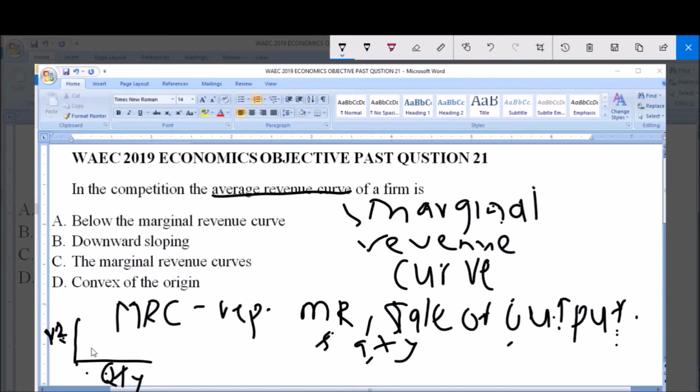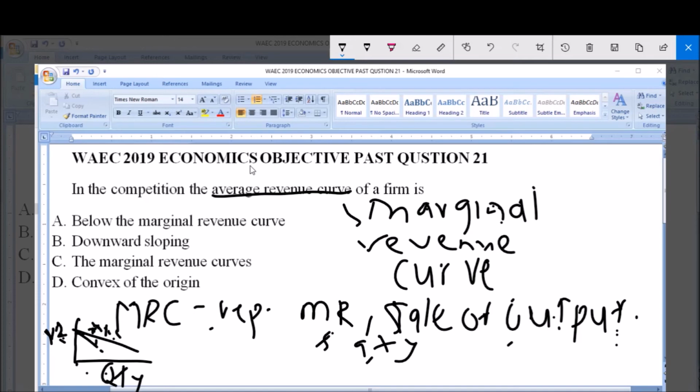Now, the marginal revenue curve is usually this way, and then the average revenue curve is usually, or most times, found above the marginal revenue curve. So you have ARC, average revenue curve, and then you have the marginal revenue curve below it.